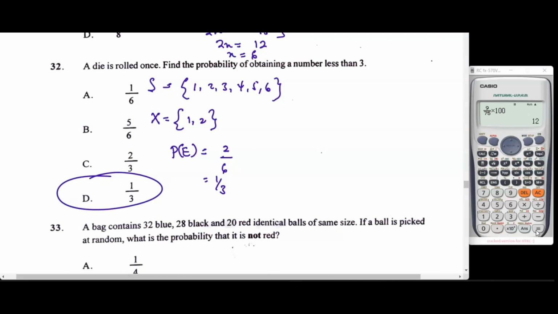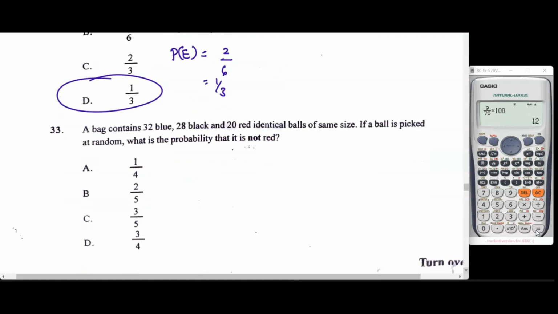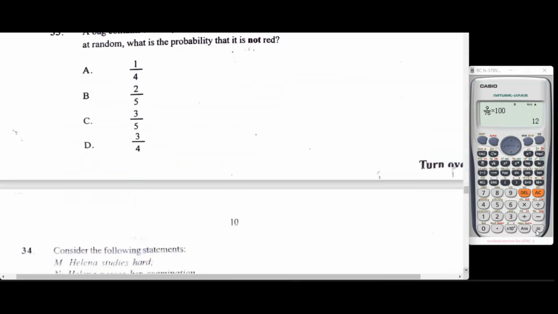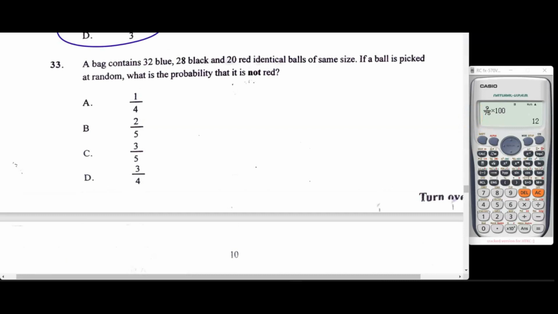Going further, then we are on question number 33. Question number 33 says that a bag contains 32 blue, 28 black, and 20 red identical balls of the same size. If a ball is picked at random, what is the probability that it is not red?